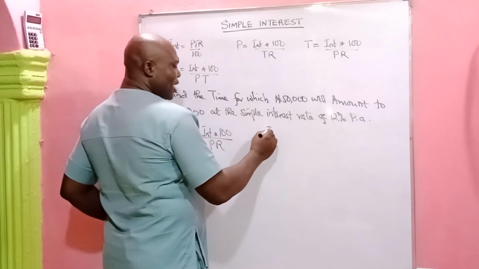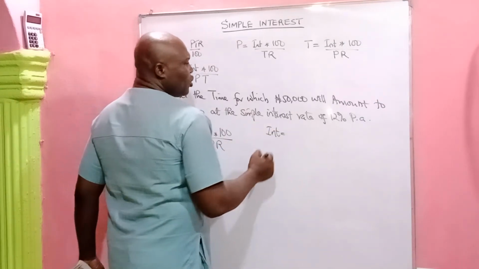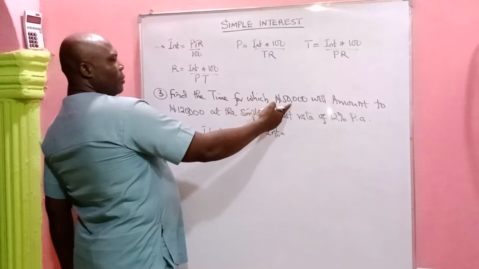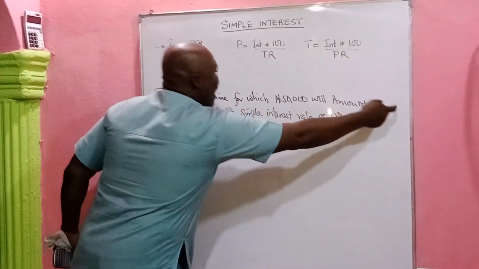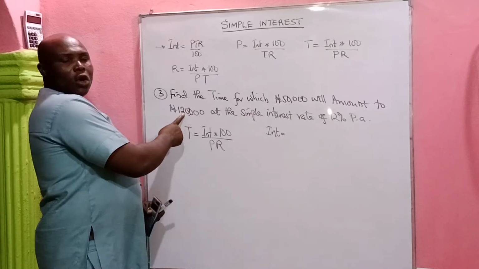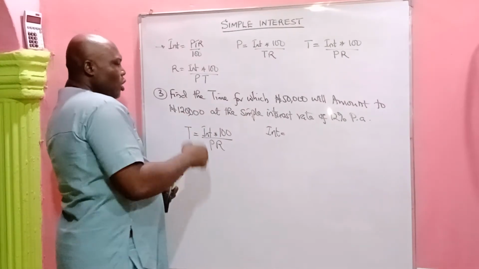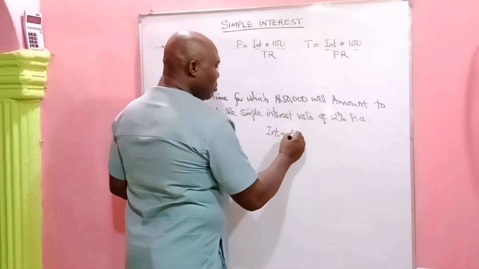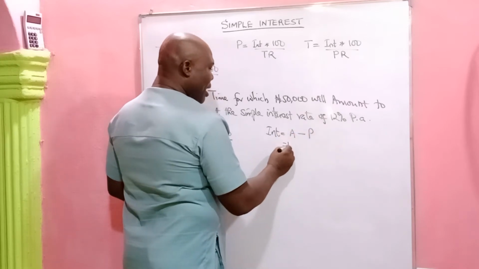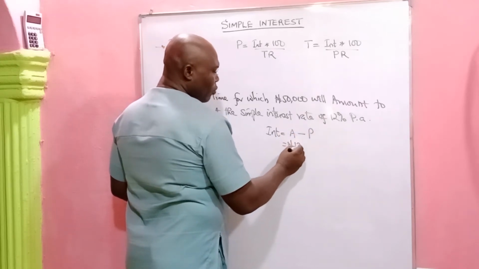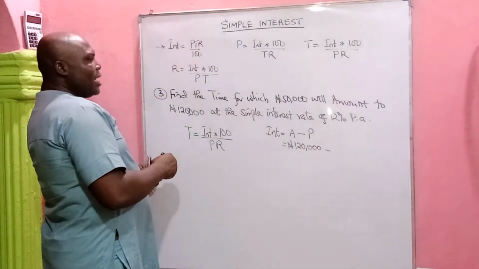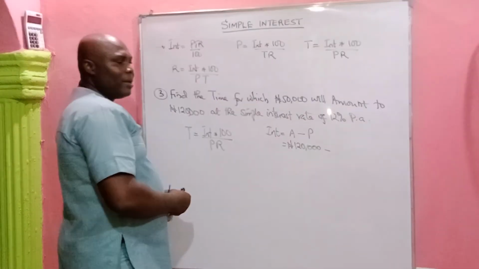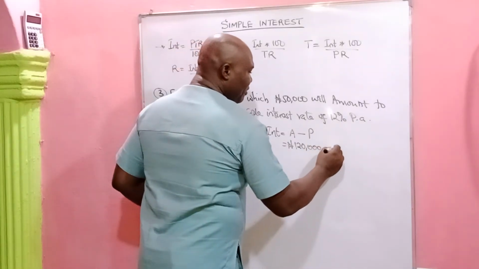The interest is just the amount minus the principal, because they say find the time for which this money will amount to this money. So the amount is 120,000, minus the principal sum, which is the sum that was invested at the beginning of that period, which is 50,000 naira.